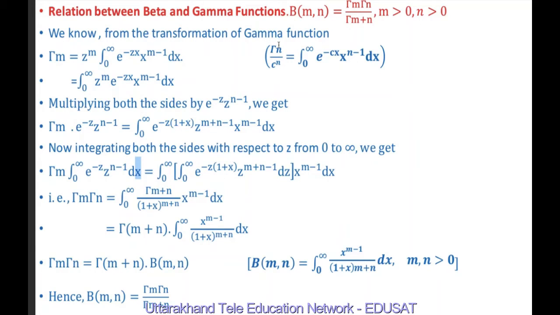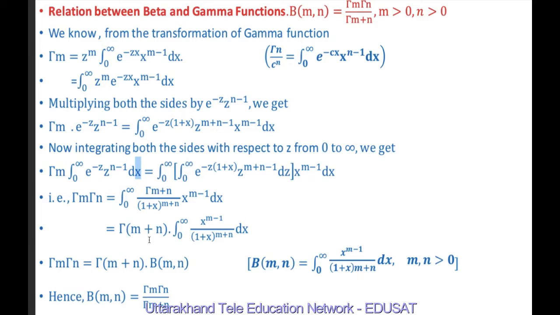So it will be equal to gamma n upon c raised to n. Here n is m plus n and c is 1 plus x. So gamma m plus n upon 1 plus x raised to power m plus n, and this x raised to power m minus 1 dx. It should be clear to you, because if you compare this with this, in place of c you have 1 plus x, in place of n you have m plus n. This is also a constant term, so we may bring it out of the integral.